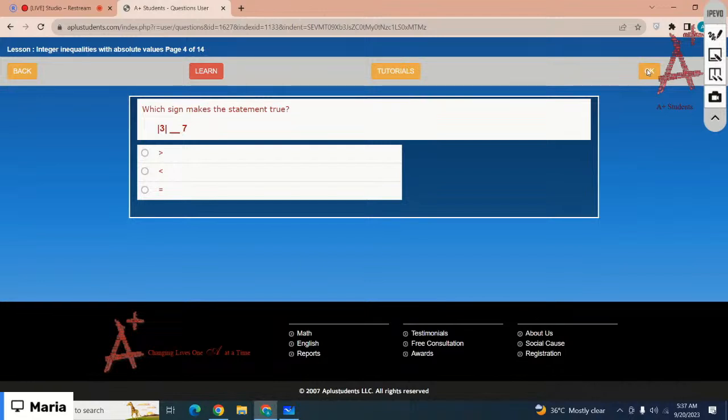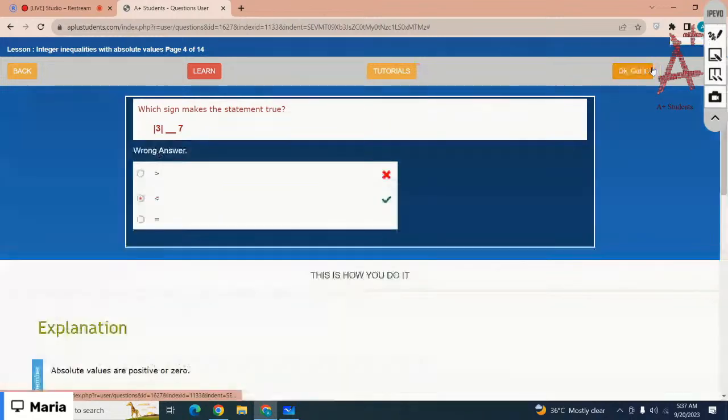Which is the correct option? The correct option is absolute value of 3 is 3 and 3 is less than 7. I selected the wrong sign.